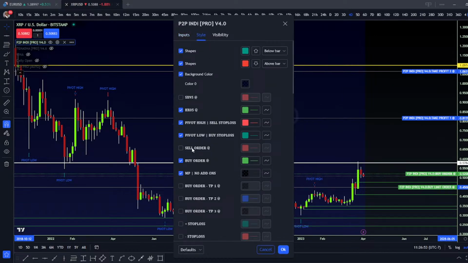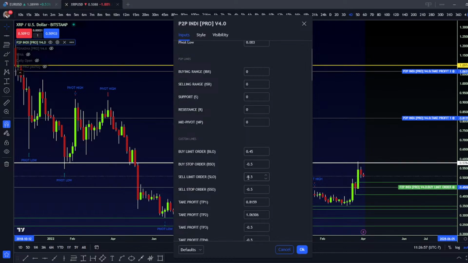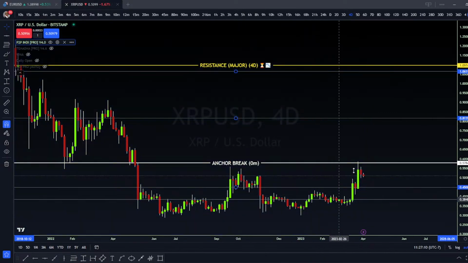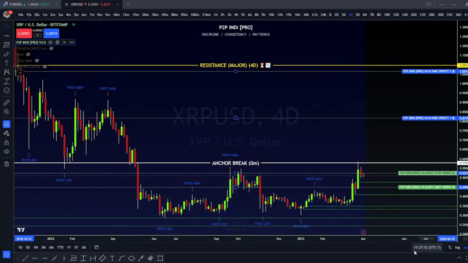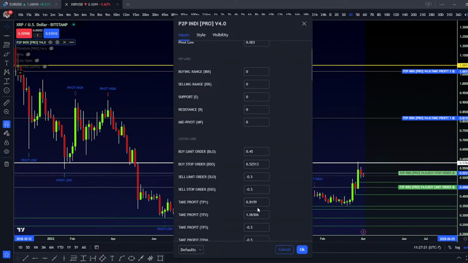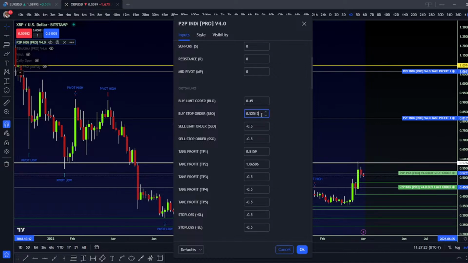So let's get rid of this buy order, and let's put in a buy stop manually at 0.5. All right, so we got that there. $52.50.